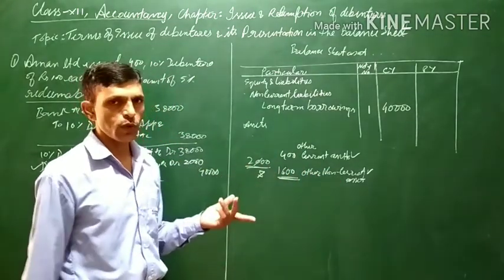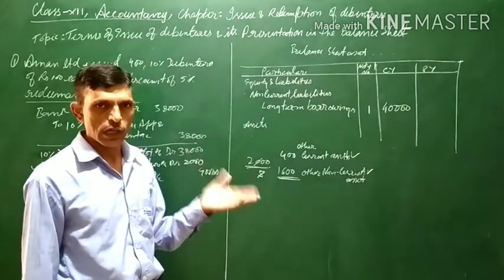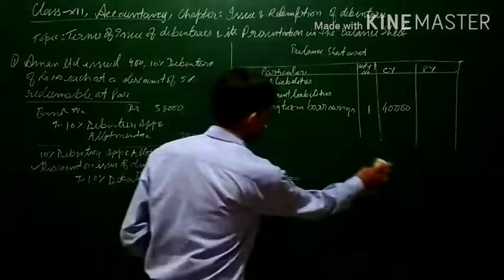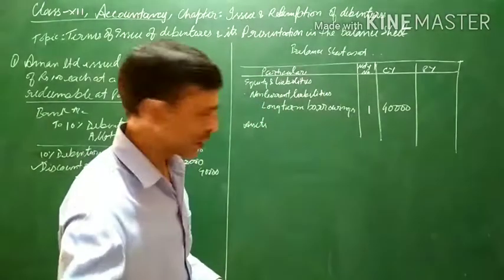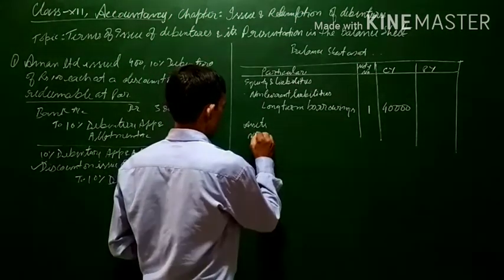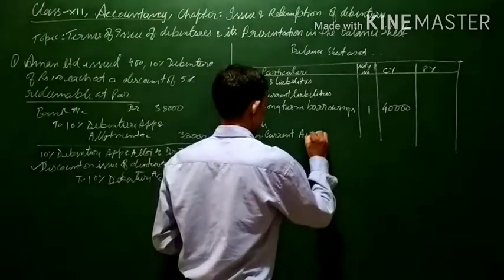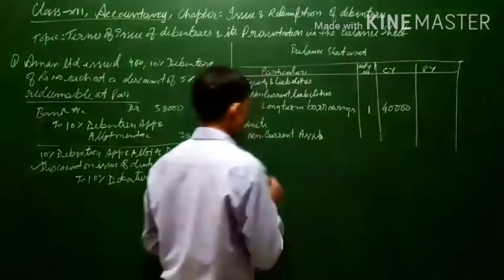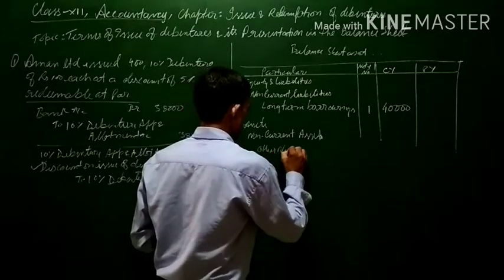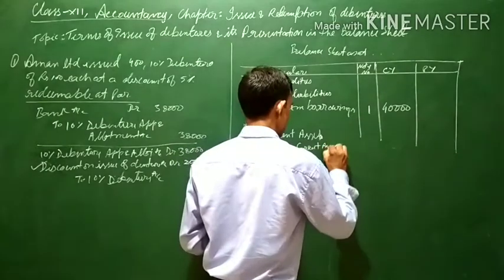First of all, as we know, under assets, non-current assets are written first, then current assets. So first the non-current assets will be written. Under non-current assets, we will write other non-current assets.